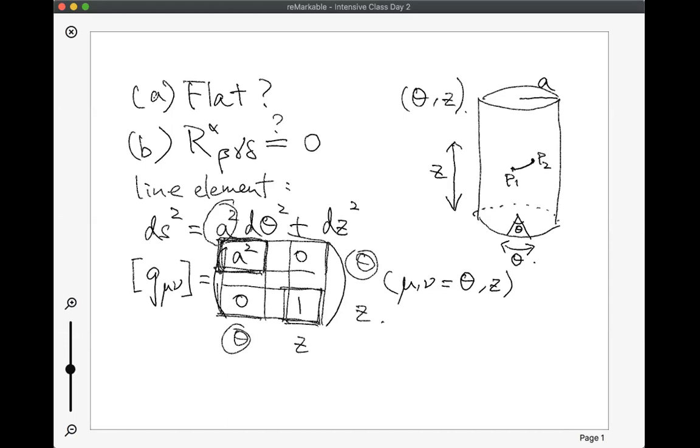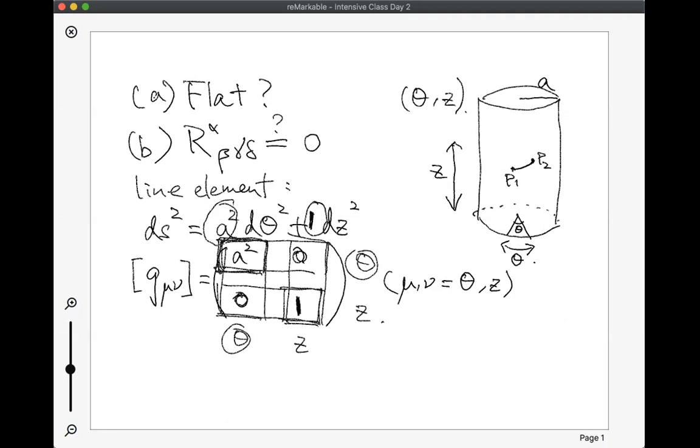And because this is 1 here, we have 1 here. And because there is no cross term in the line element, the g theta z and g z theta components are all 0 here. Okay, so now we got the metric, as required by the hints of the question.